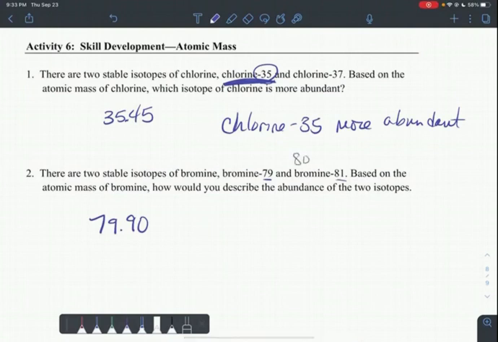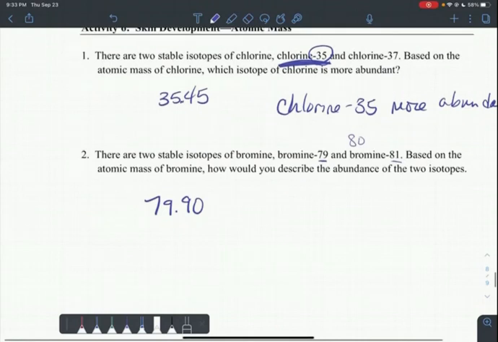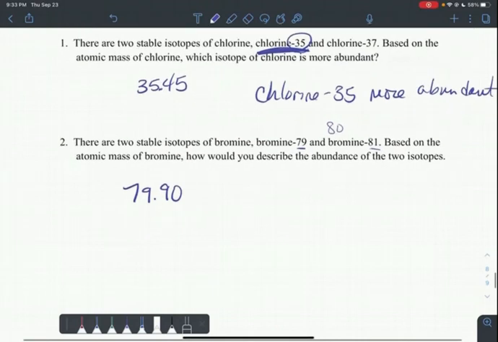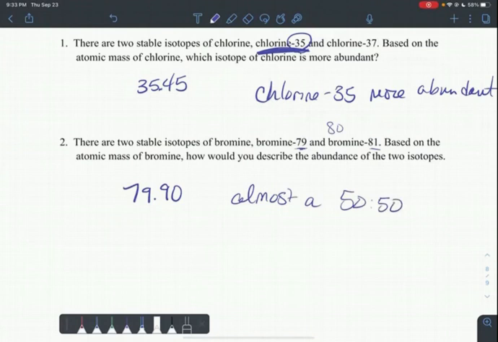Halfway would be 80. And then that would mean that we have a 50-50 mix. So you're slightly closer to 79, but you have almost a 50-50 ratio. So half bromine 79, half bromine 81. It's slightly more of bromine 79, but they're pretty close.